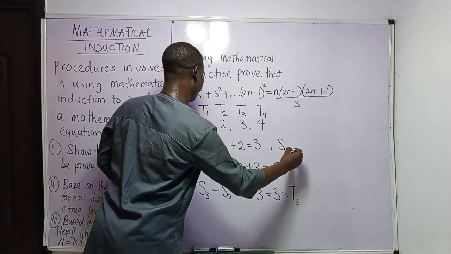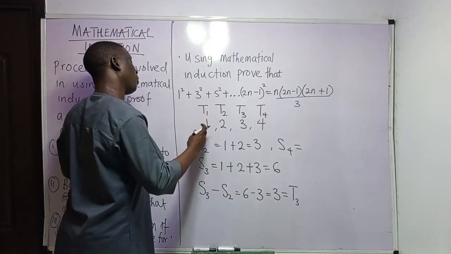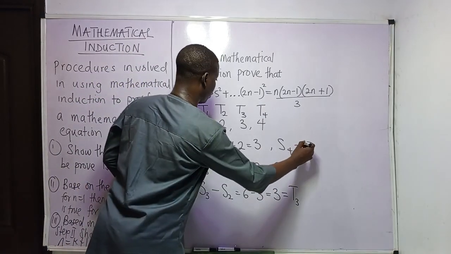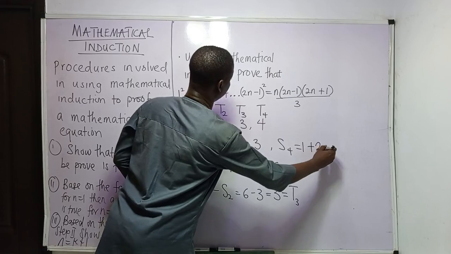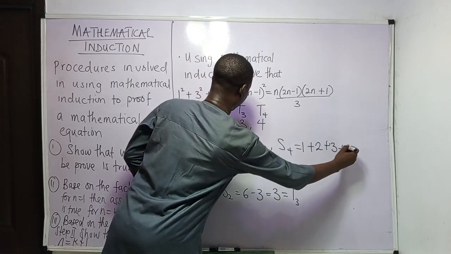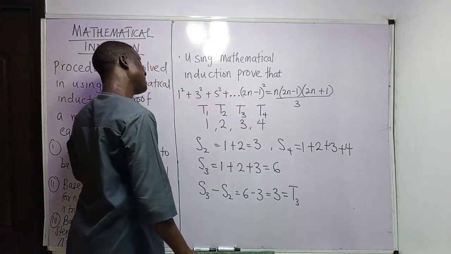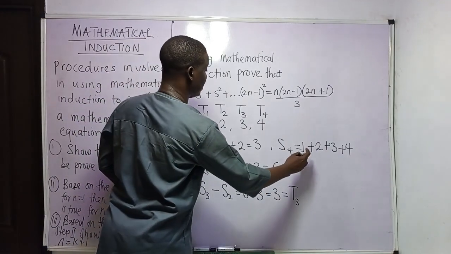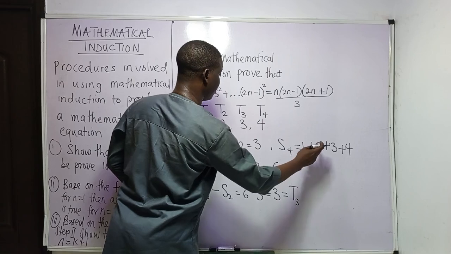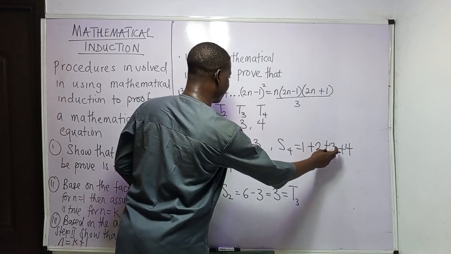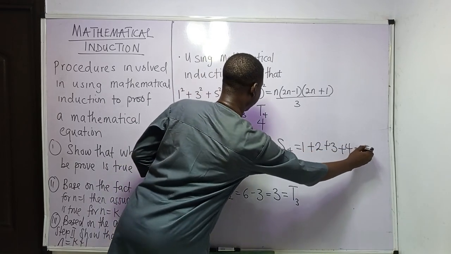Let's find S4. S4 is the sum of the first 4 terms, which is 1 plus 2 plus 3 plus 4. So in this case, what we want to do now is add the 4 of them. 1 plus 2 is 3, plus 3 is 6, plus 4 is 10.